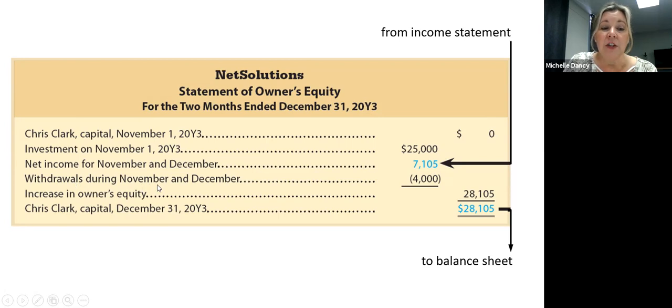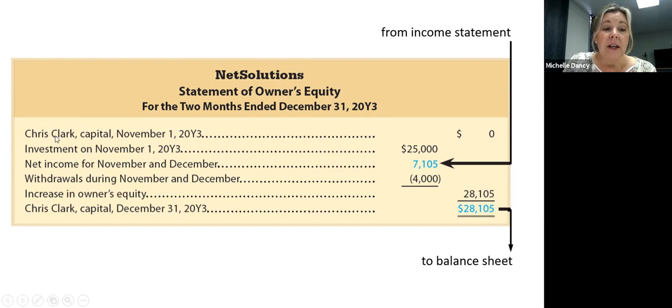And then during the 2 months, the owner withdrew $4,000. If we do the math, 25,000 plus 7,105 minus 4,000, we get an overall increase of 28,105. Since beginning capital was 0, 0 plus 28,105 gives me ending capital of 28,105.